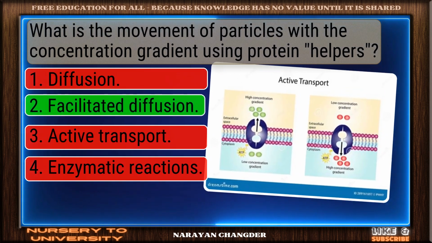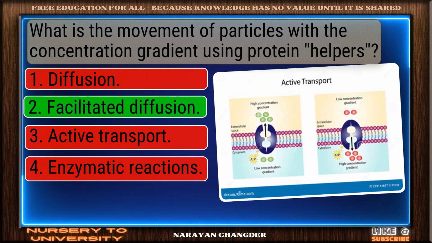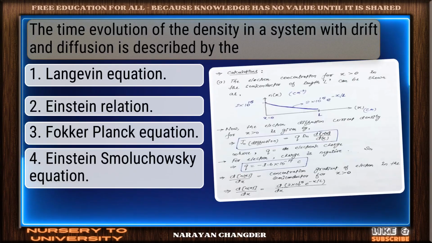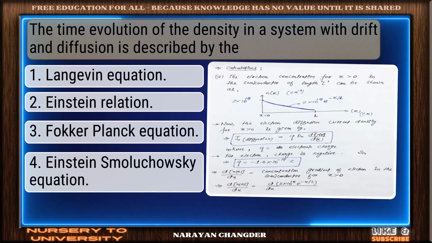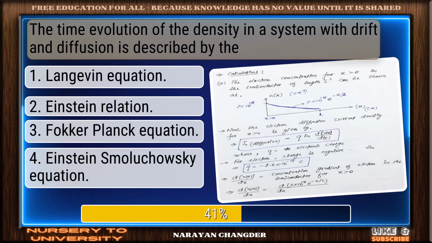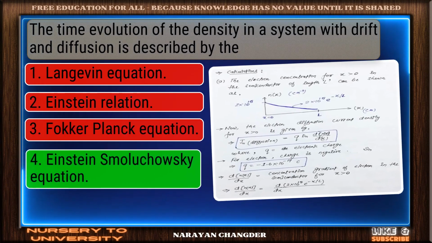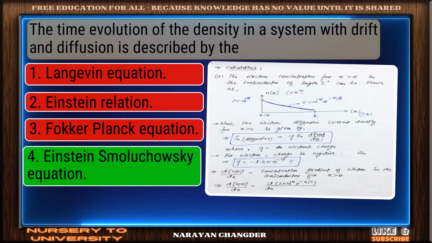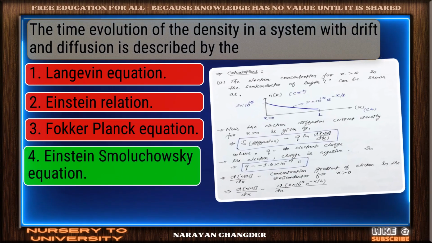Your choice facilitated diffusion is sound and 100% true. The time evolution of the density in a system with drift and diffusion is described by the. Smart pick. Einstein-Smoluchowski equation is the correct choice.